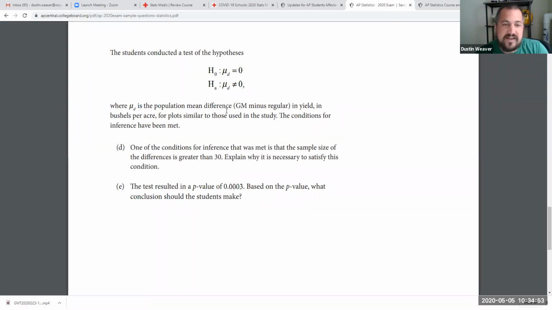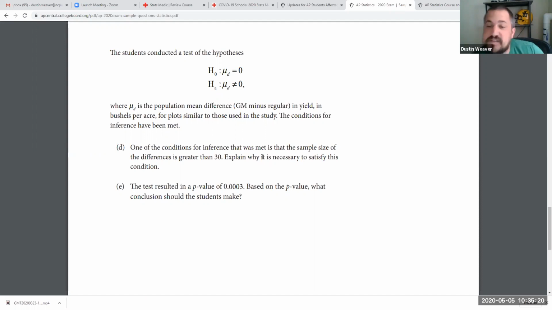So we know that there is a difference between the two plots, the genetically modified and the regular. And you don't have to word it perfectly like I did. You could just say there is sufficient evidence to suggest that there is a difference between the genetically modified and the regular plots similar to those used in the study.